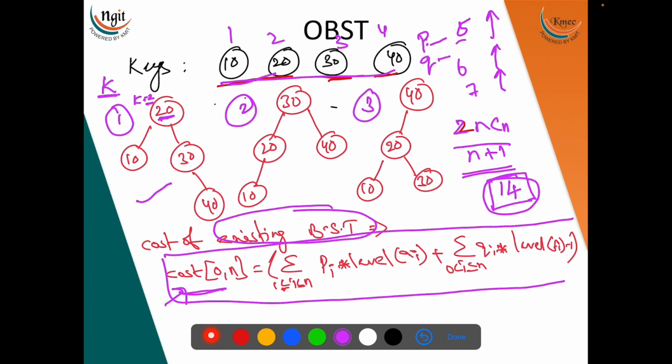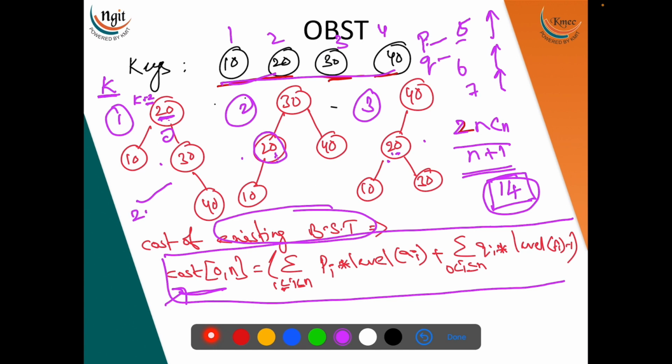The same root element in one tree appeared as the left child in another tree, correct? And you can see here also that 20 is here. So the point is, in every tree the root element will change, and for every tree the cost will differ.